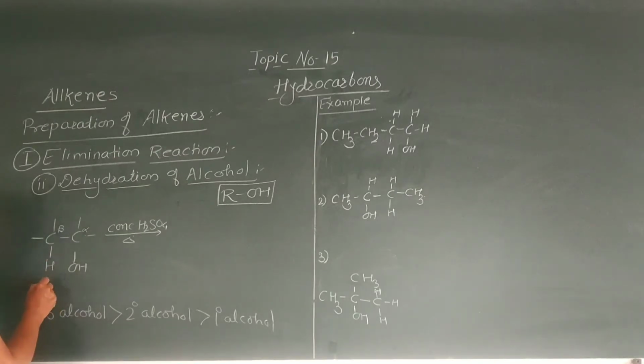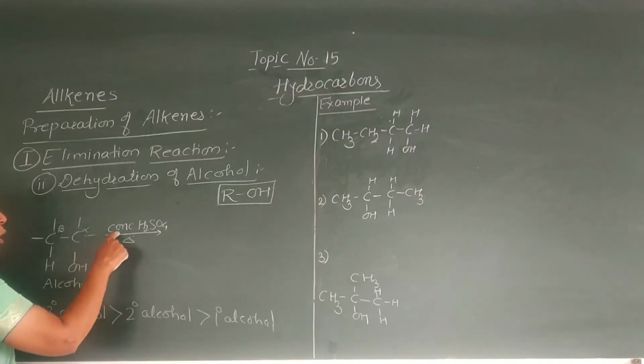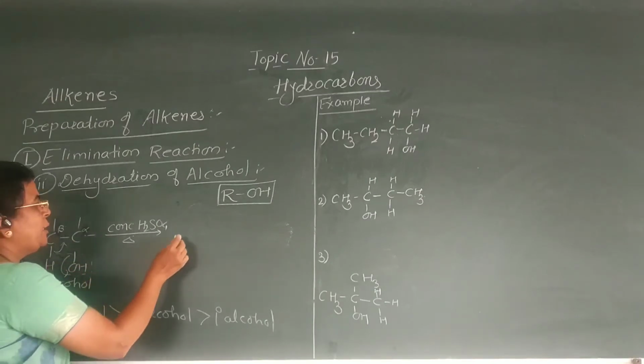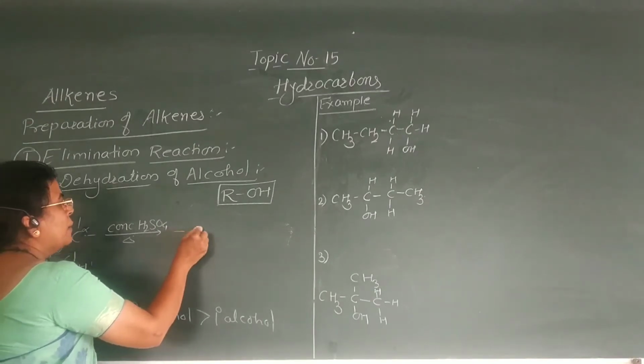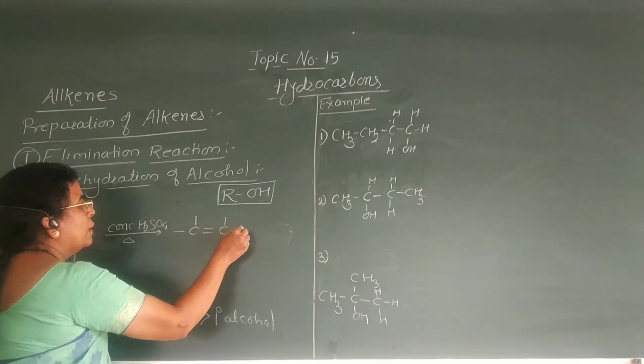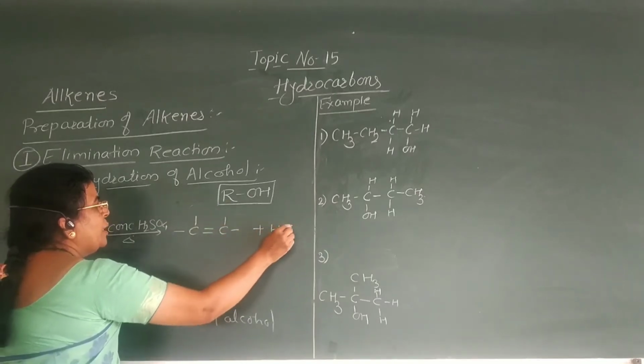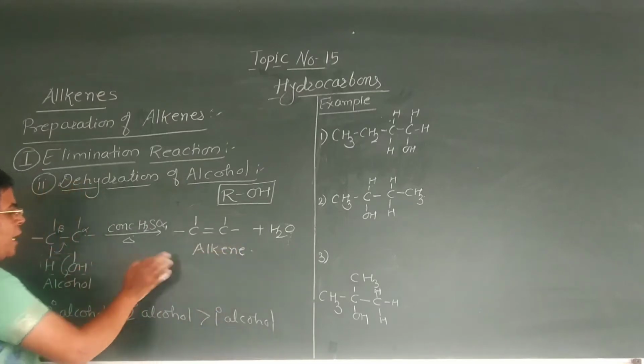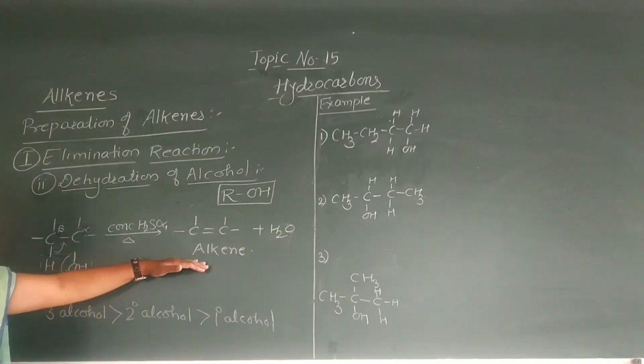When this alcohol is heated with concentrated H2SO4, which is a dehydrating agent, removal of H2O takes place and we will get alkene plus H2O. This is the general reaction in which formation of alkene takes place.